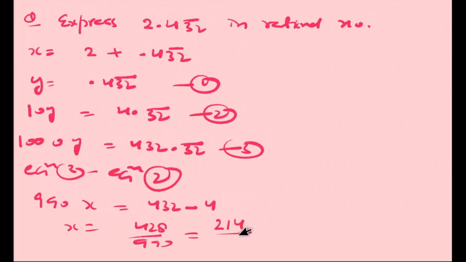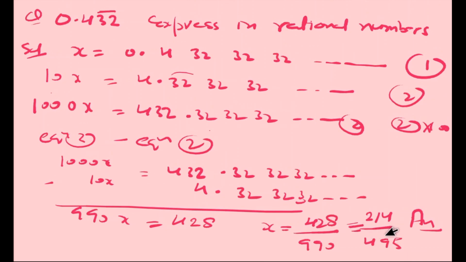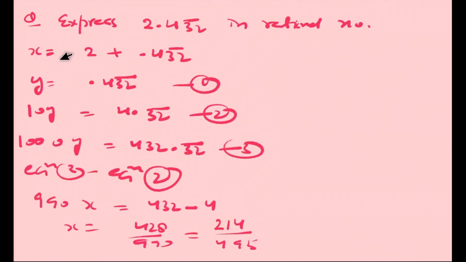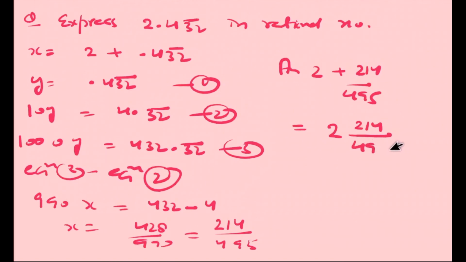That is y equal to 428 upon 990, that we have already got, 214 upon 495. In the previous video we already found this answer, so this is the same, but what is the difference? The difference is the 2, so your answer will be 2 plus 214 upon 495, or in mixed form you can write 2 214 upon 495.